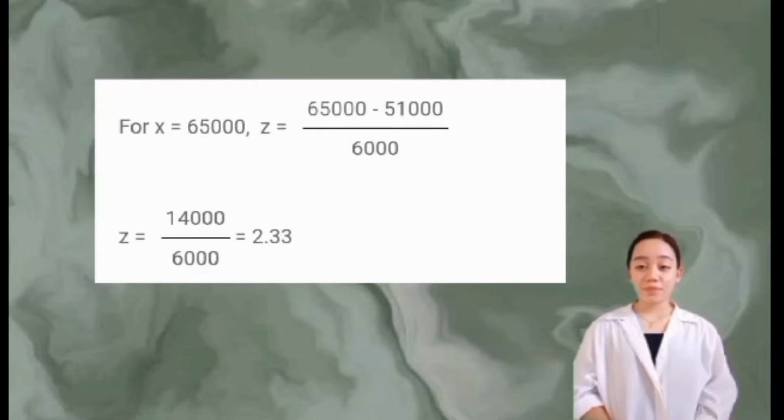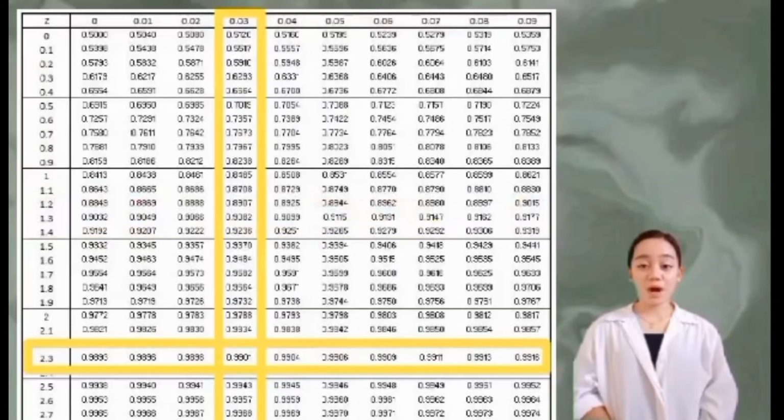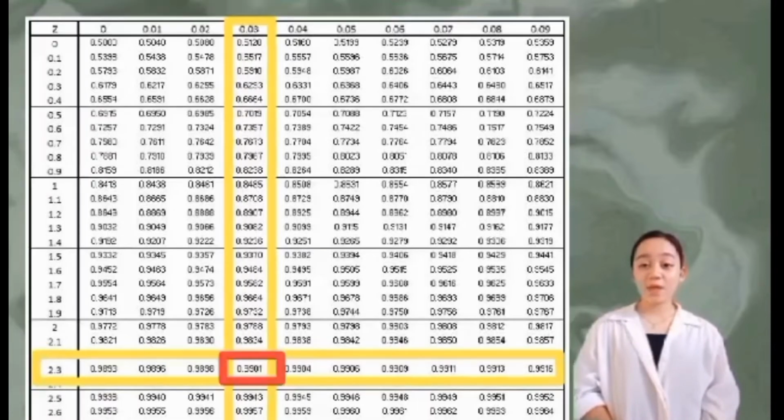So, remembering the 3 steps, for step 1, we need to go down to the row on the left side of the table with the first 2 digits of our z-score, which is 2.3. Step 2, go across to the first column with the third digit of our z-score, which is 0.03. And lastly, we can now find the value at the intersection of the row and column of our z-score.